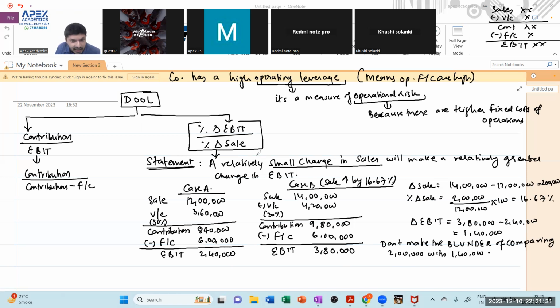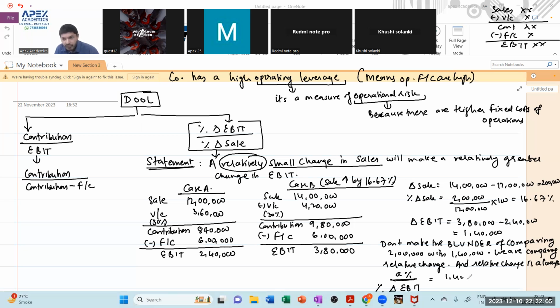We are comparing relative change. And relative change is always a percentage. Therefore, what is percentage delta EBIT?